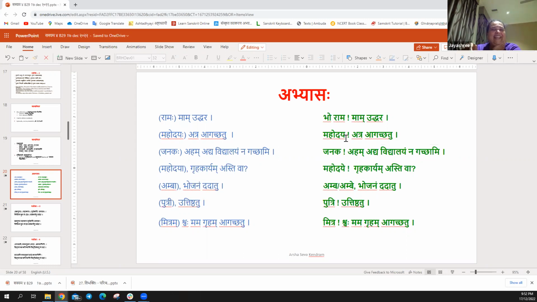For female, we call Mohodaye. Why? Sita, Site. Mahodaya, Akaranta. So, Mahodaye. We do this every time, but we don't know why. Now we can know that it's Sambodhana. Suraksha Mahodaye.